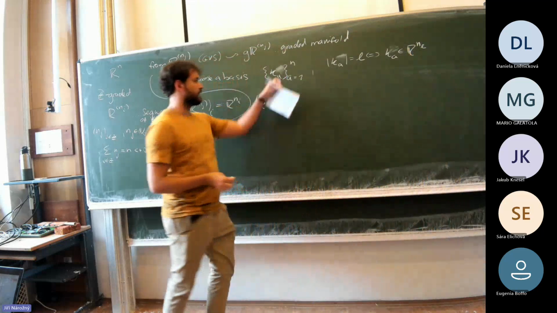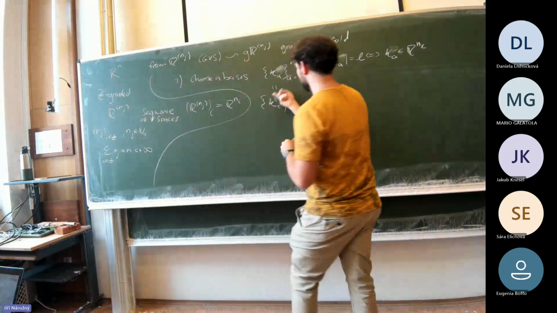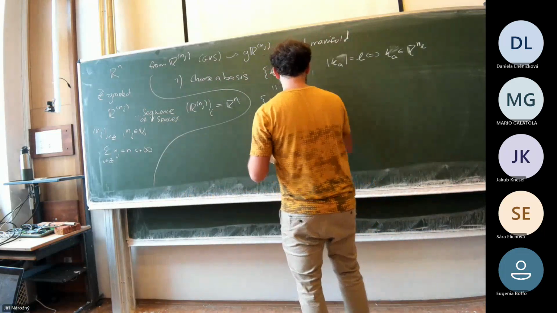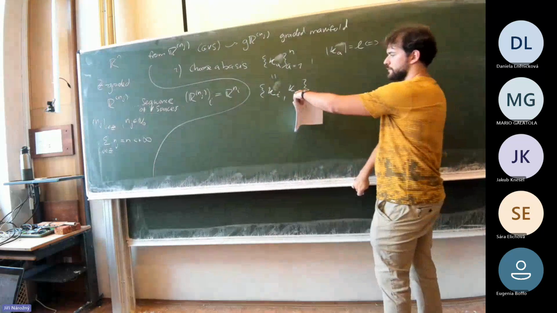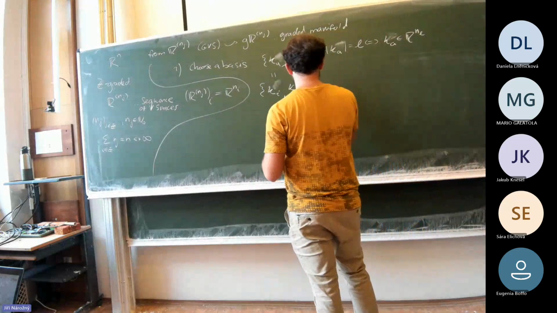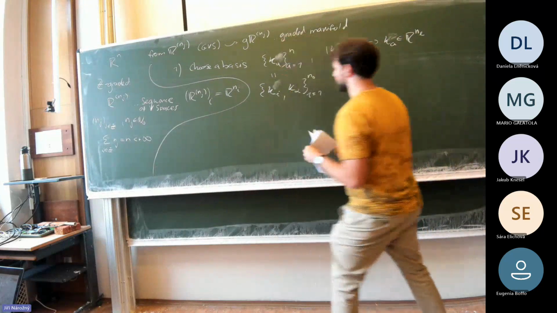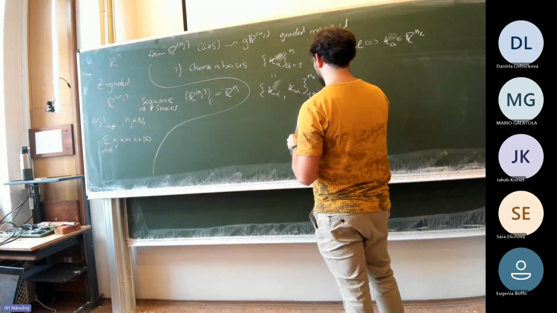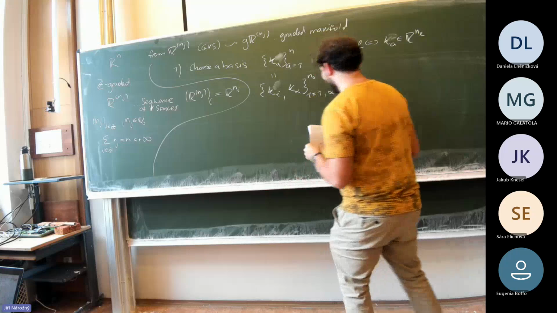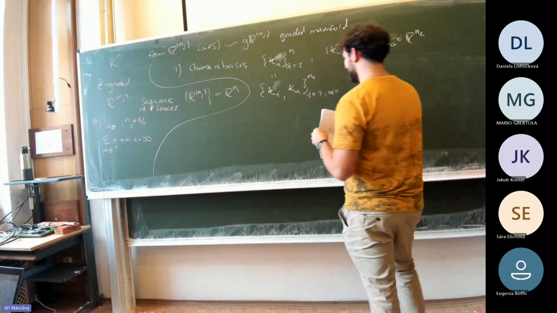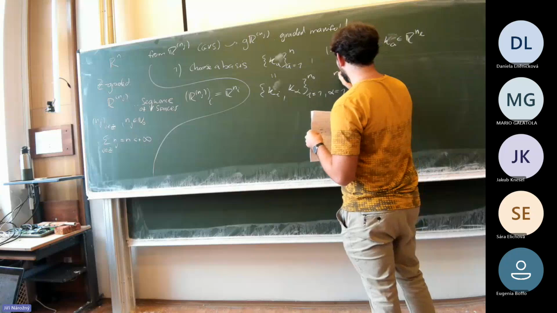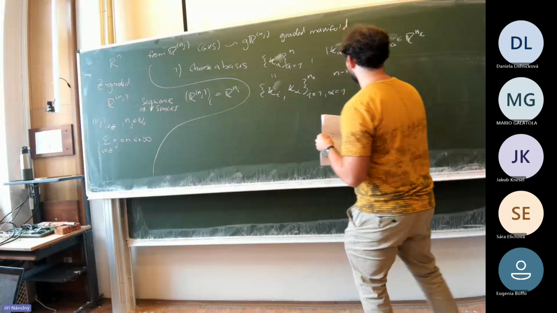So we can just differentiate, say k_i, which has degree 0, and k_alpha, which has non-zero degree. So i goes from 1 to n_0, the dimension of the 0th vector space, and alpha goes from 1 to n minus n_0.